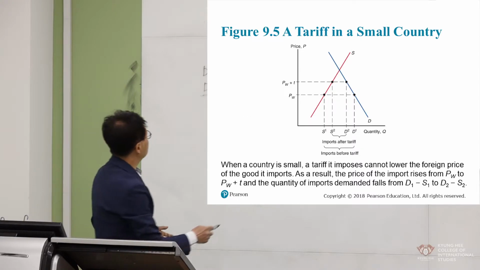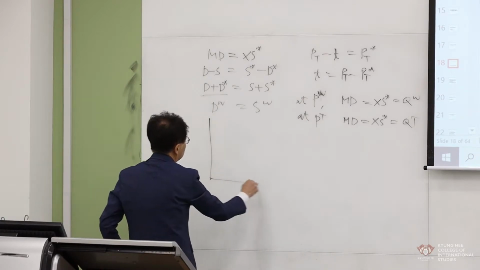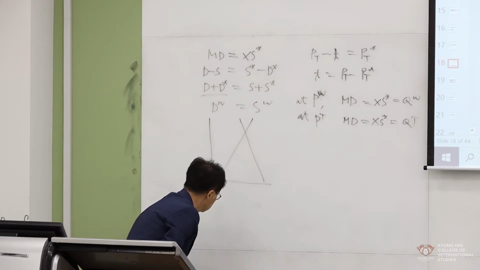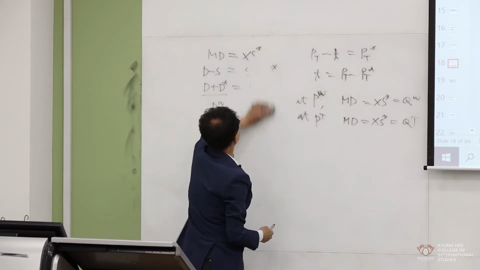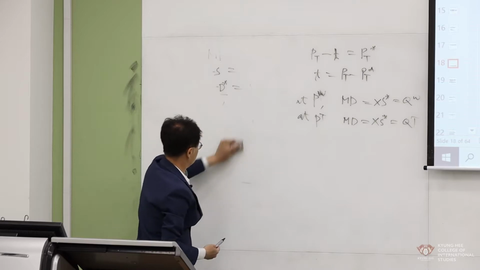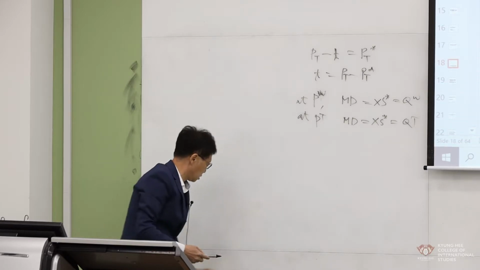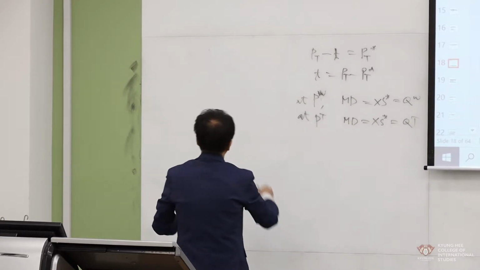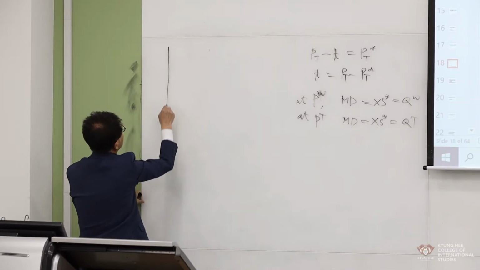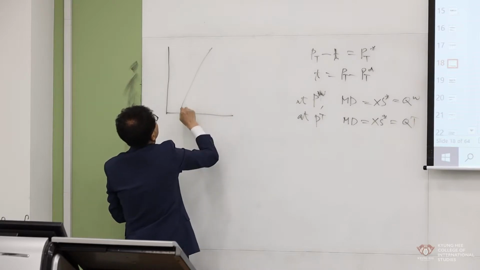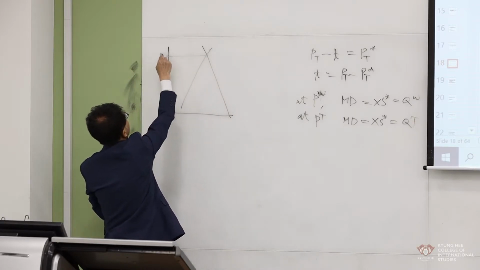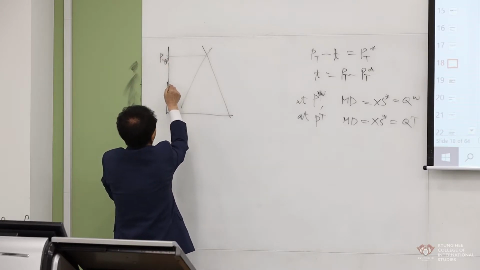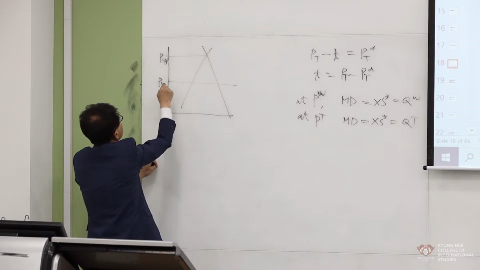So, in the earlier example, the price is PW, PA, and the world price is PW, like this.